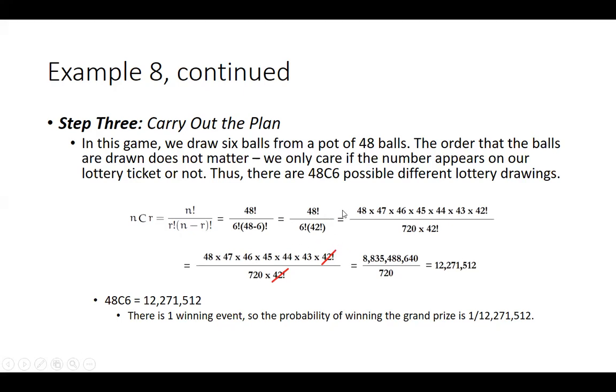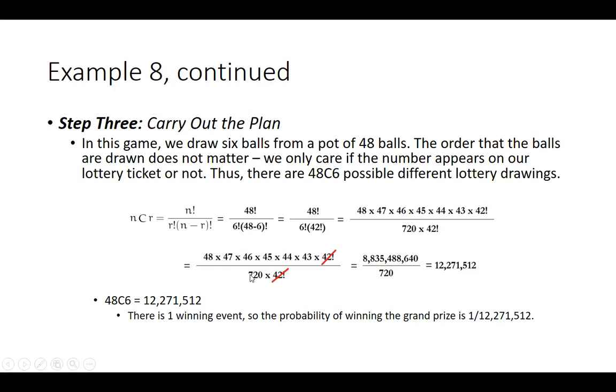Writing out our 48 factorial as far as we need to take it would be 48 times 47 times 46 times 45 times 44 times 43 times 42 factorial. And we can leave that at 42 factorial because we want to cancel with the 42 factorial on the bottom. 6 factorial calculates as 720.